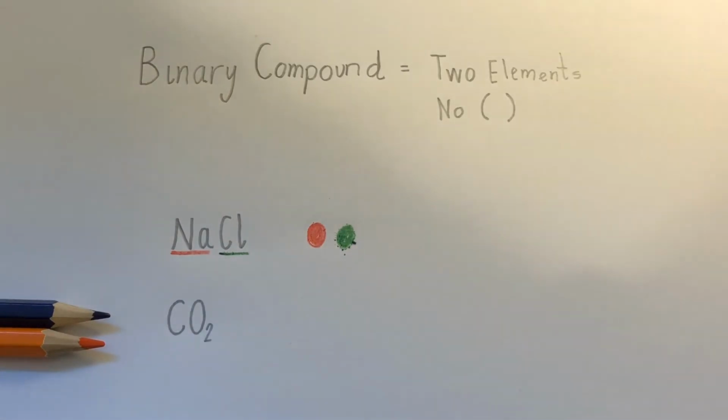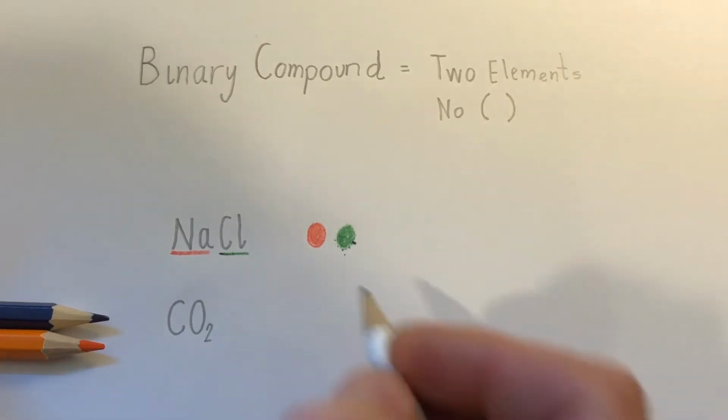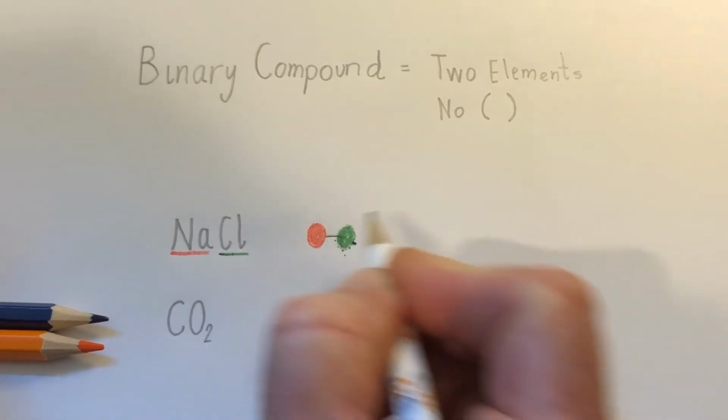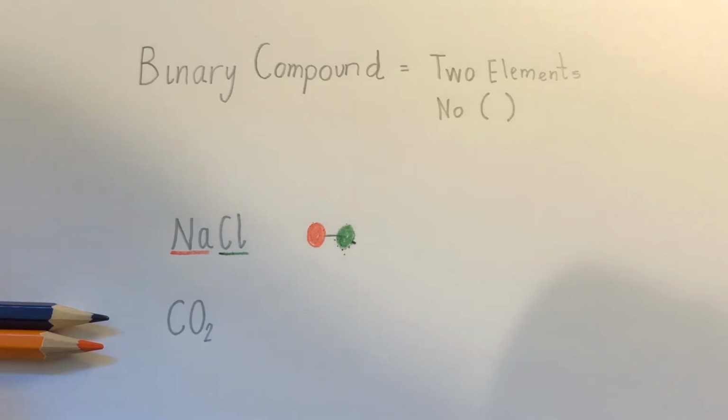Now I'm always going to show that these 2 things are connected as a molecule by connecting the objects that I've drawn with a bond that can just be represented by a solid black line. And so this model represents 1 sodium atom connected to 1 chlorine atom, creating a sodium chloride molecule.